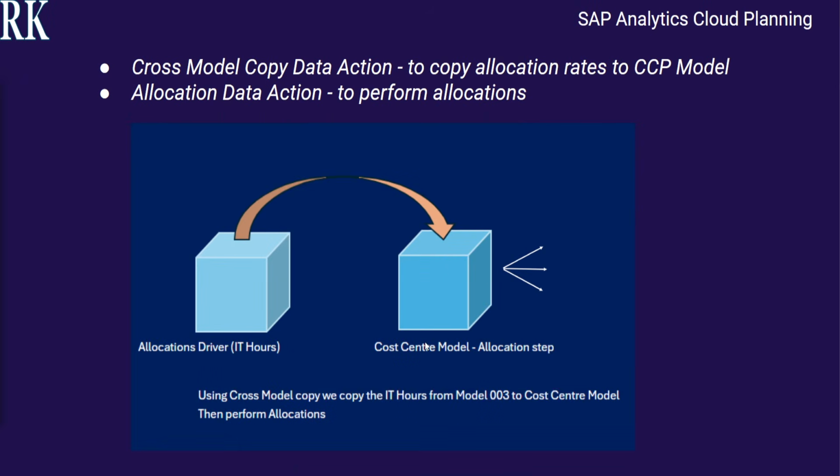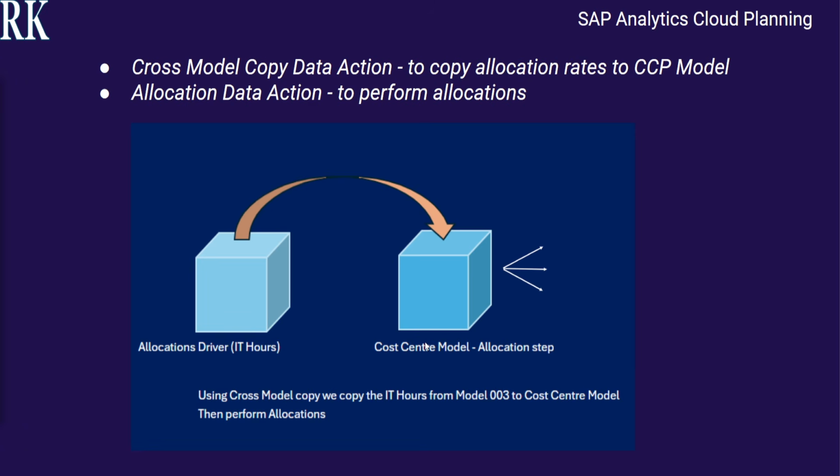To achieve this scenario in SAP Analytics Cloud, we are going to look at two data actions in this allocations scenario. The first one is the cross-model copy data action. We use it to copy allocation rates, or the IT hours, the driver values, from the left-hand side model to the right-hand side model.